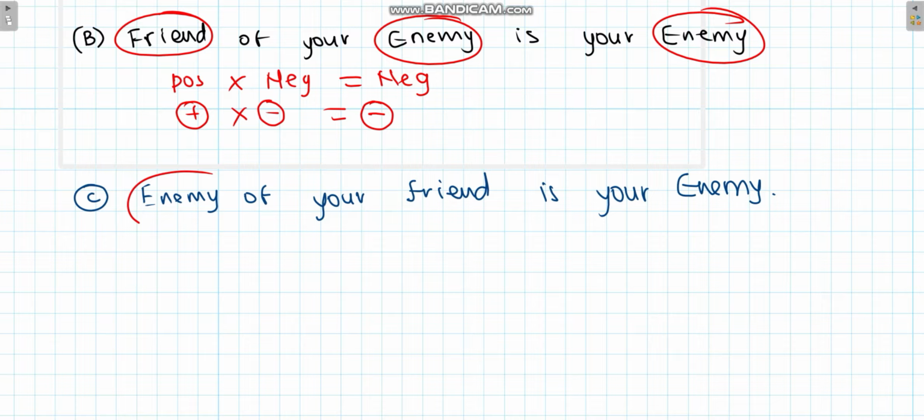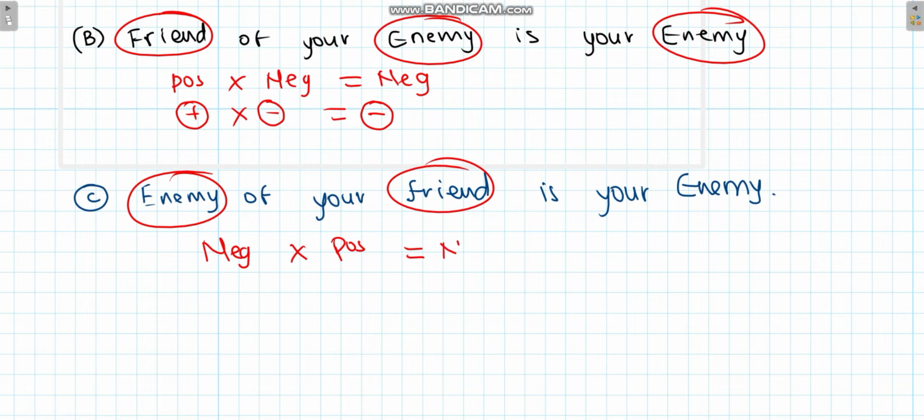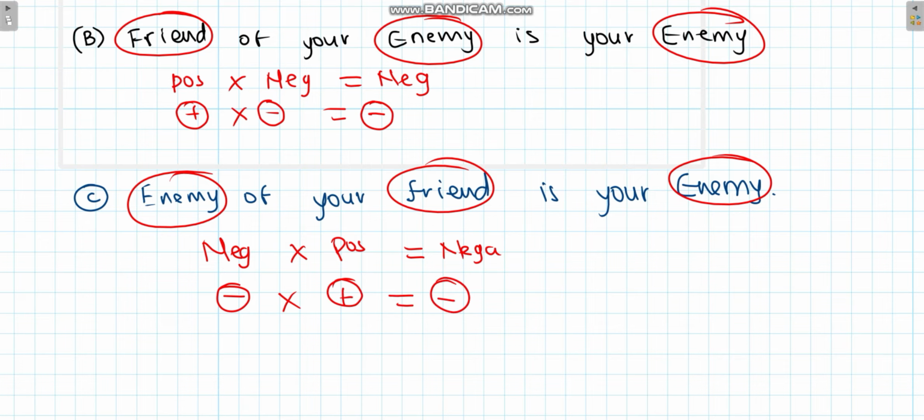What would you say about enemy? Negative times friend, positive, is equals to your enemy, which is negative. So negative times positive is equals to negative.